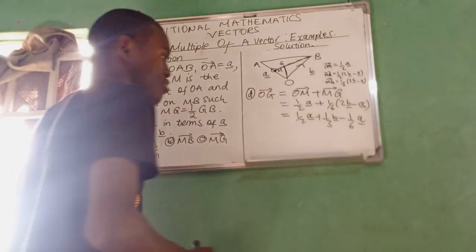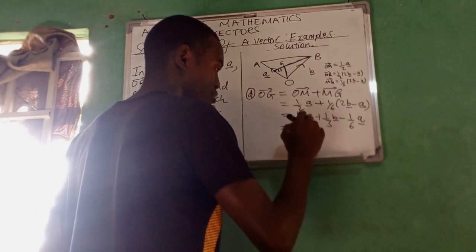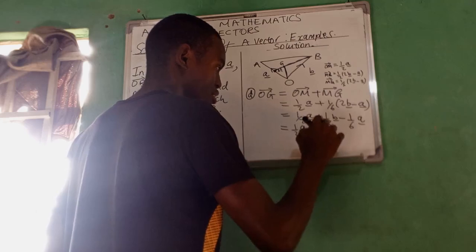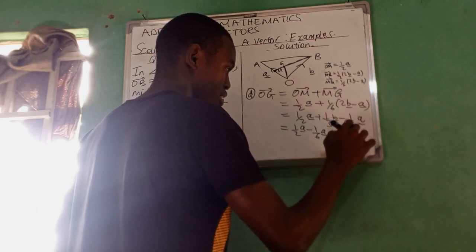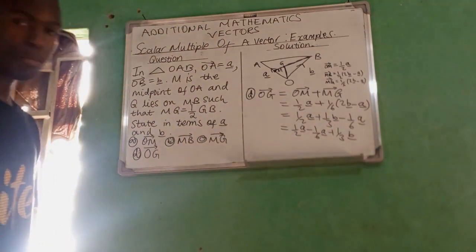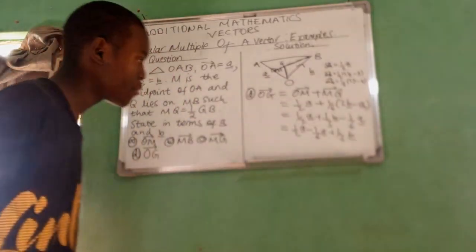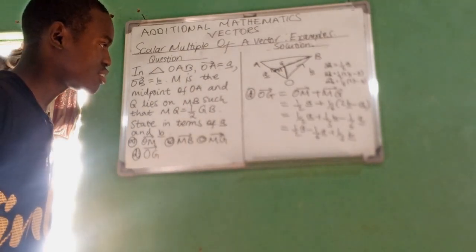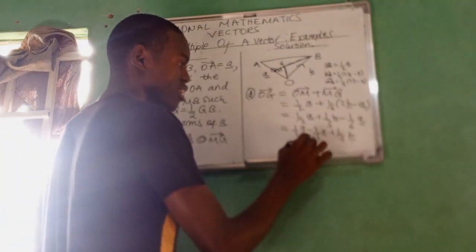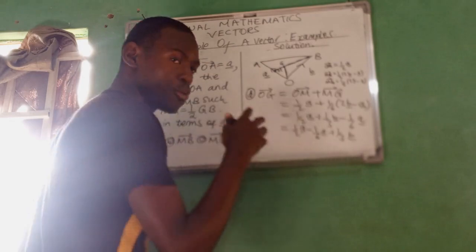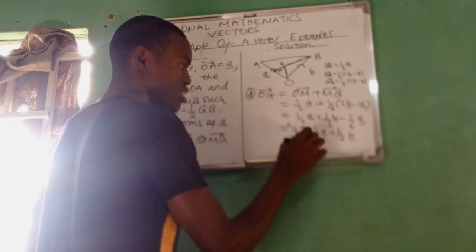And then to simplify this further, we just group the like terms: 1/2 of vector A minus 1/6 of vector A plus 1/3 of vector B. So there's a simple way of solving fractions without finding the lowest common denominator. What we do is that here on the top we multiply by the denominator of the other fraction. Here at the top we multiply by this 6.